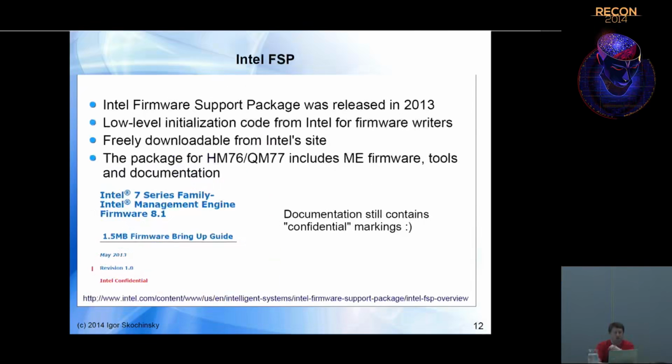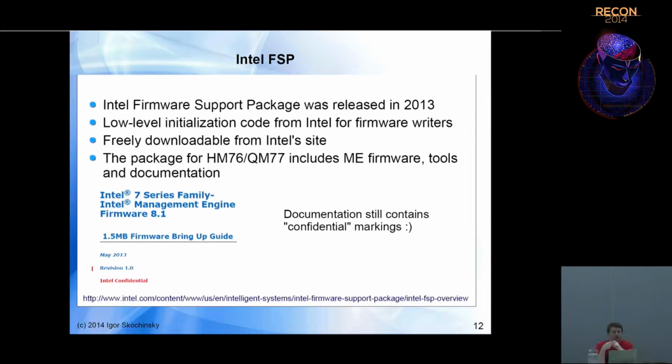And then at the end of last year, Intel released something called the Firmware Support Package. They decided to be more open, and they released this package for the people who make their own BIOSes for Intel chipsets, for example, the people making embedded boards.